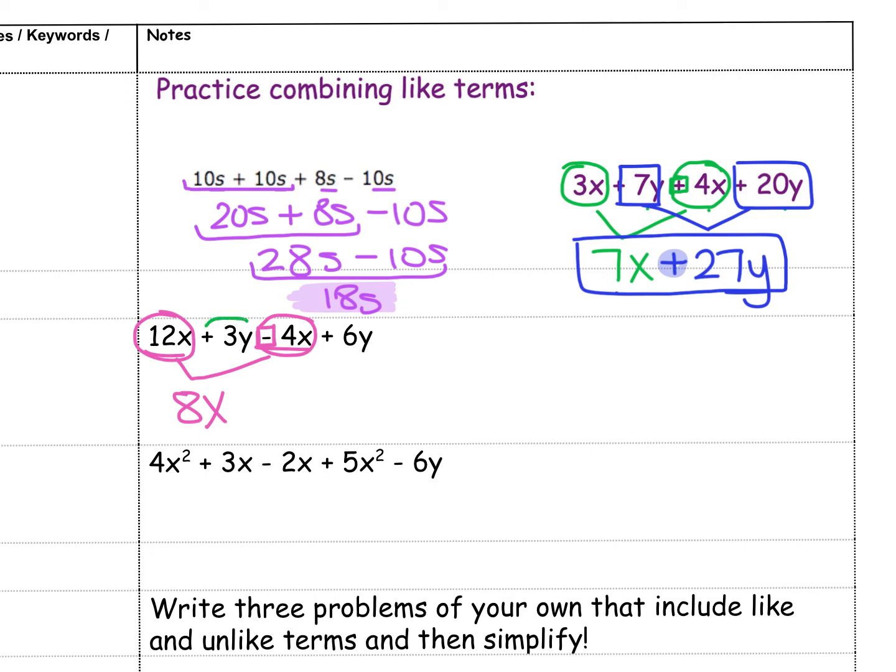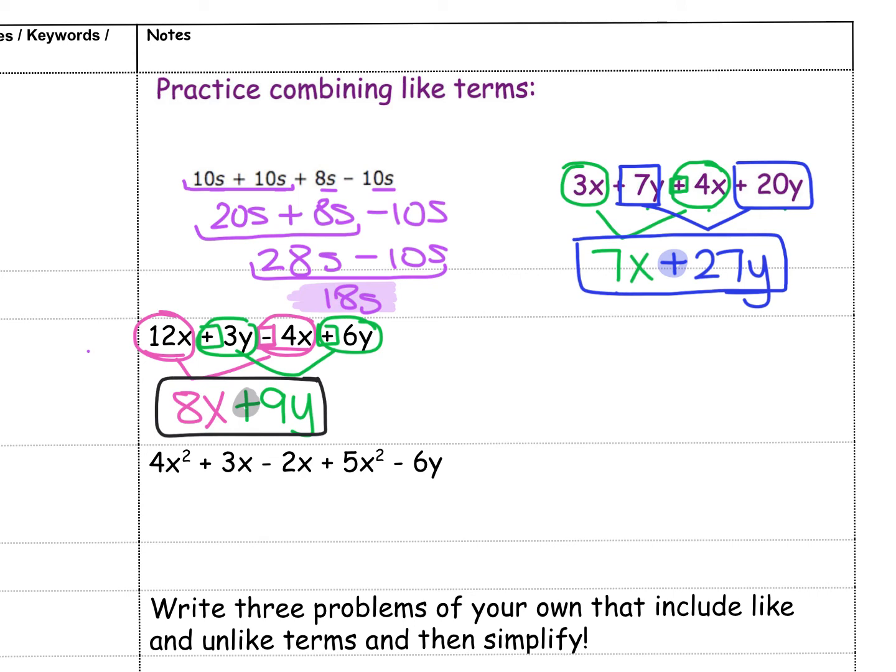I have y. So I have a plus 3, so it's a positive 3, plus 6. So 3 plus 6 is 9y's. And they're being added together. And then like I said before, x's and y's are not the same. So we're not going to put them together. But we have a sign in the middle, so that's good. But they're not the same, so we can't do any more work.